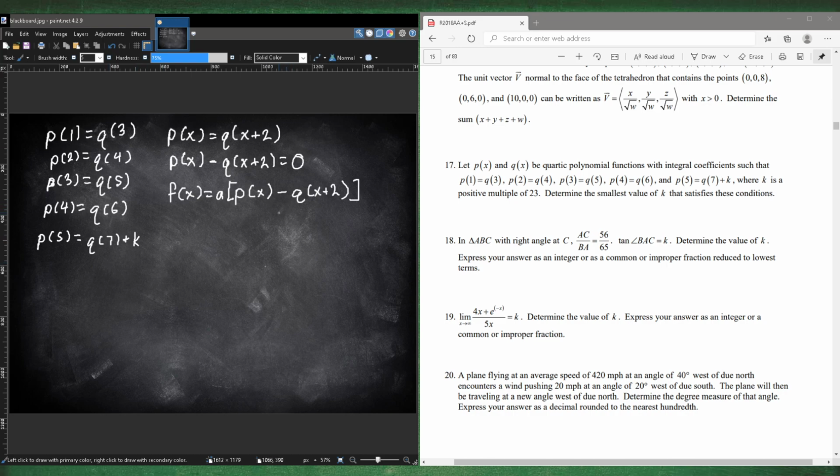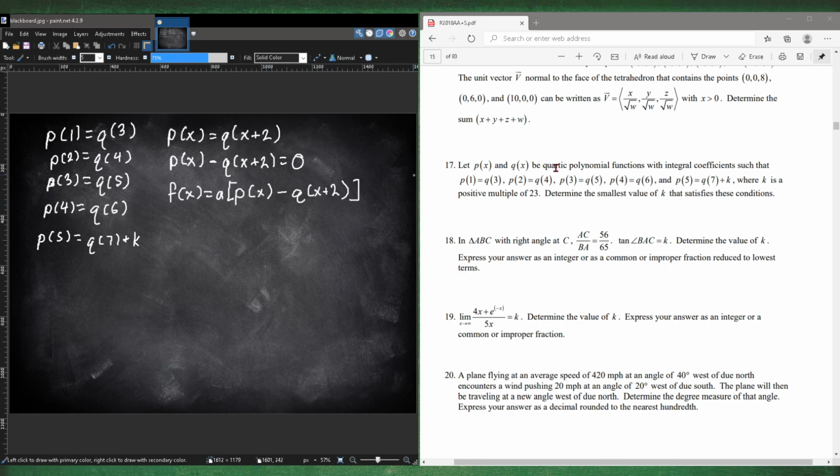So what we do now is plug in values for x. We already know 1, 2, 3, and 4, because if we plug in 1, that's P of 1 minus Q of 3, which makes 0. If we plug in 2, that's P of 2 minus Q of 4, which is 0, right? And you do it for 3 and 4, and you find that all four equal 0.